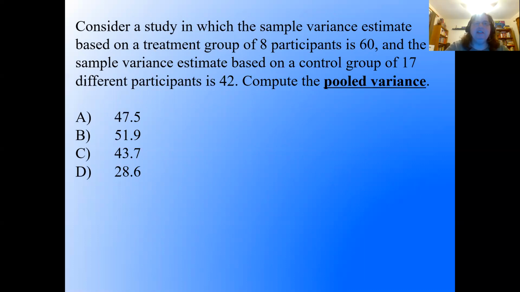Okay, so how did we get that? We took 8 minus 1, which is 7, times 60. And then we took 17 minus 1, which is 16, times 42. We added those two numbers together for 1,092, and we divided by 8 plus 17 minus 2, right? Because this would be n1 plus n2 minus 2.